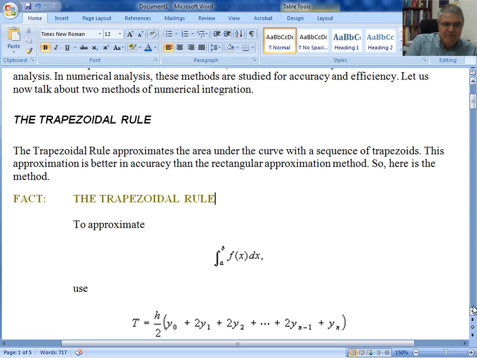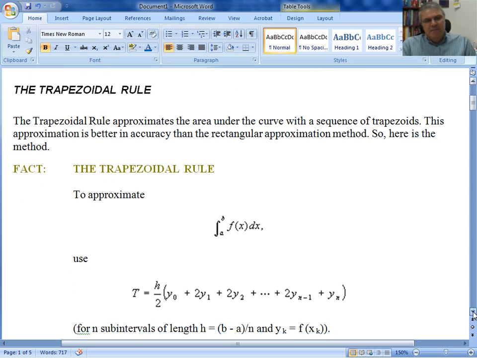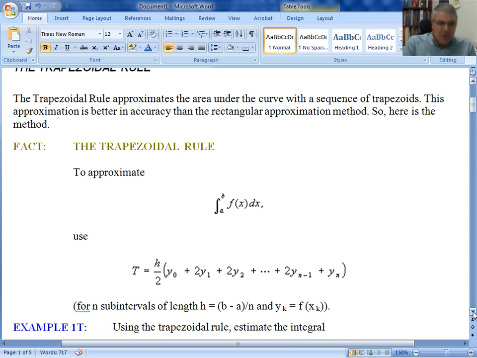As the trapezoidal rule states, if you have an integration of the form listed here, if I can highlight it now, we would like to integrate from a to b over the entire function.